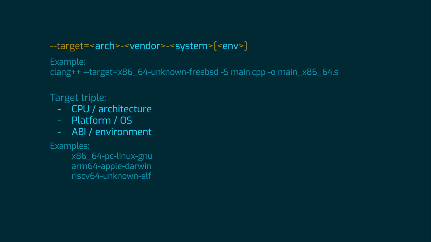To specify the platform and the architecture explicitly, we can use the target flag. Its format looks like this. This tells the compiler to generate code for a specific target triple, which includes CPU architecture, vendor, operating system and environment. This mechanism is essential for cross-compilation, building code on one platform for execution on another.